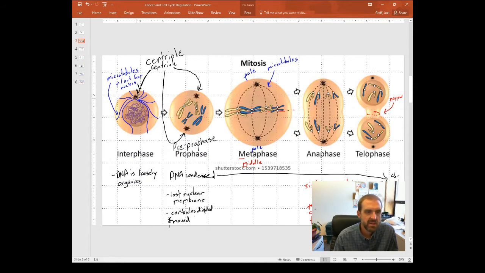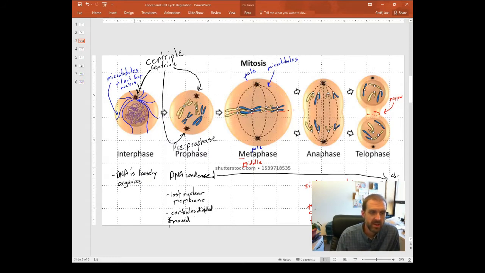Back in interphase, the centriole or centrosome, too many to keep track of, sends out microtubules from near the nucleus of the cell to the outside of the cell, the plasma membrane. So things, if they get into the cell, they could take a ride on a microtubule to get close to the nucleus. Or if things are made in the nucleus, they can take a ride on the microtubules to head out to the surface of the cell. We'll talk more about that with the endomembrane system later in the semester.